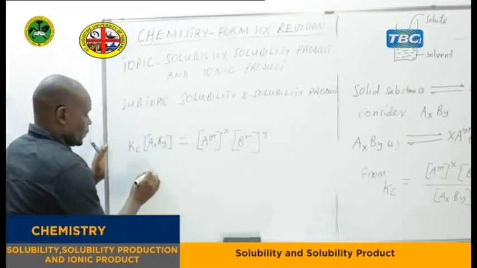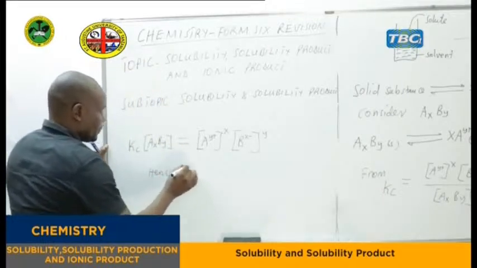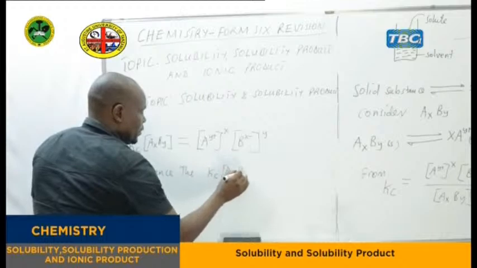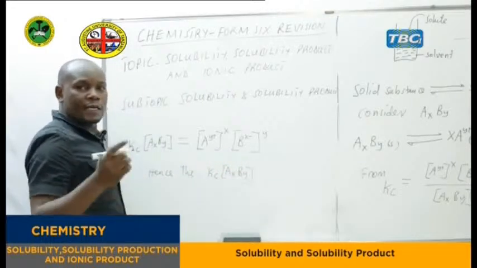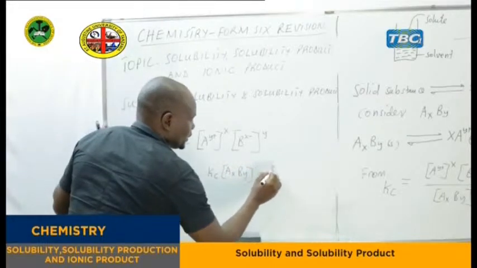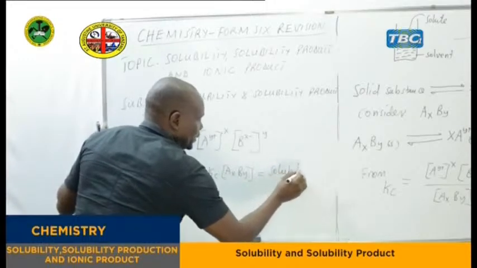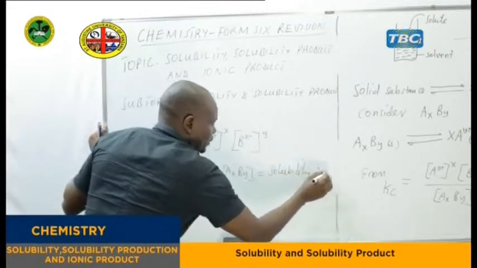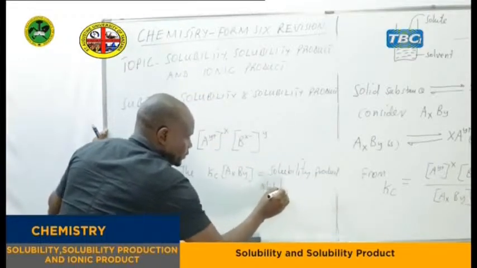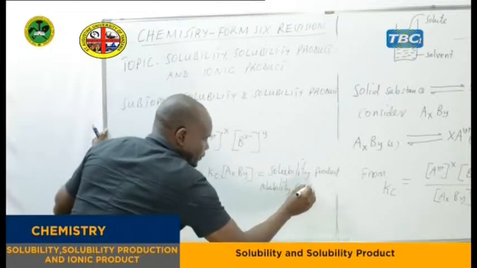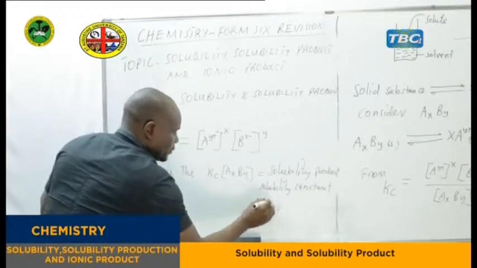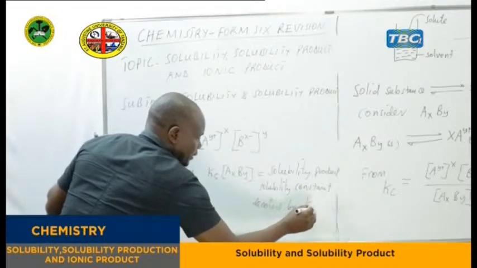Then the expression, Kc times the concentration of AxBy, gives us another constant known as the solubility product, or in other words the solubility constant, and it is denoted by Ksp.